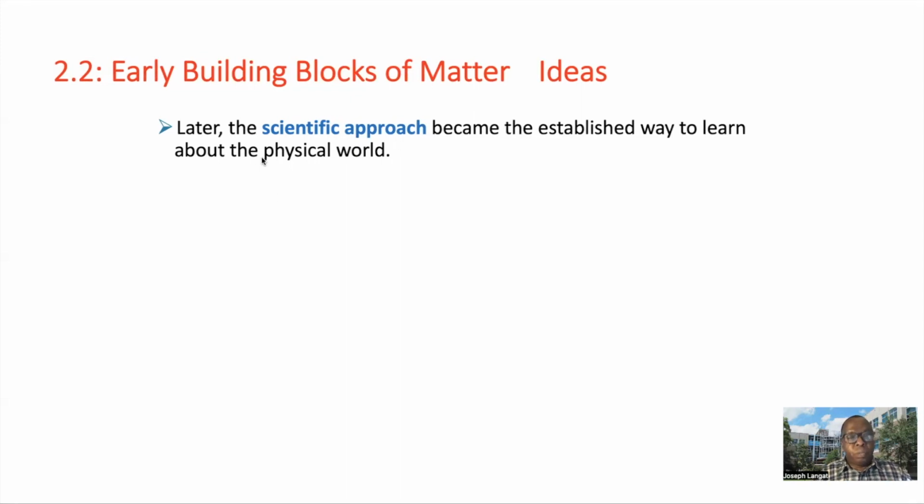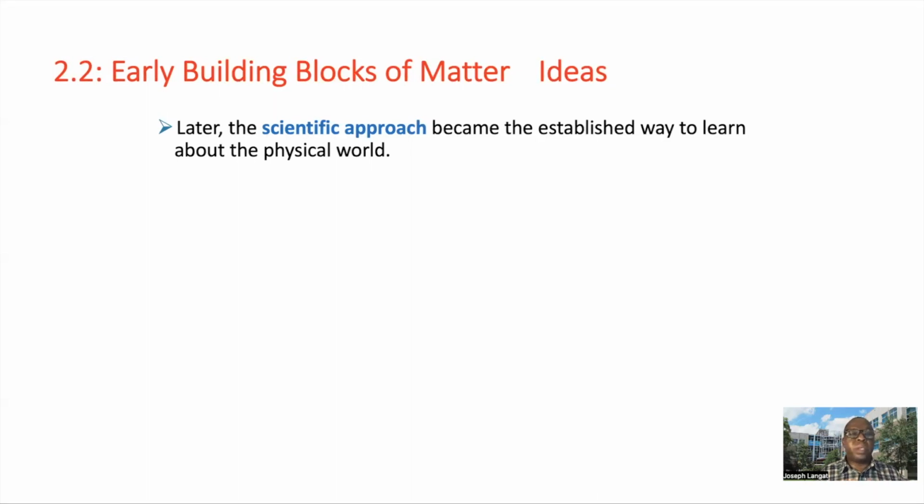Think of the scientific method where you make an observation, come up with a hypothesis, and do the experiment. That's what we call the scientific method: coming up with a hypothesis, testing the hypothesis, collecting the data, making the observation, drawing the conclusion.